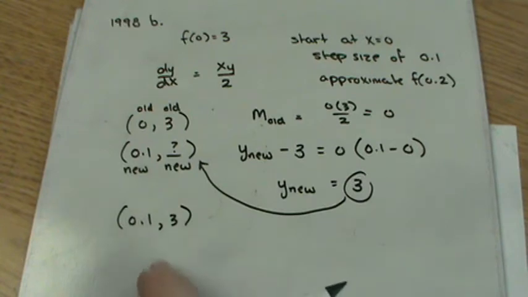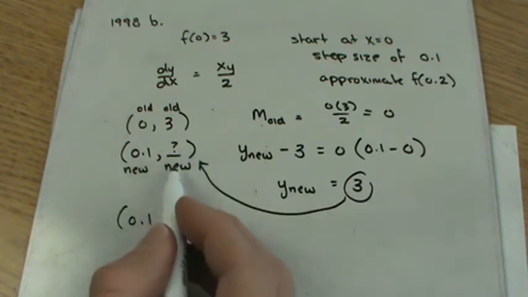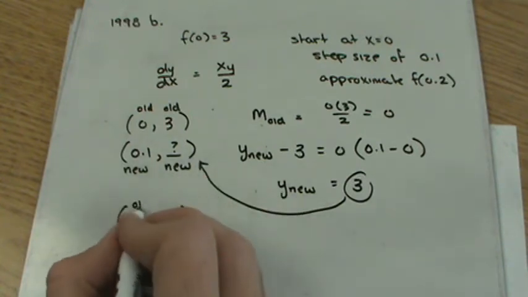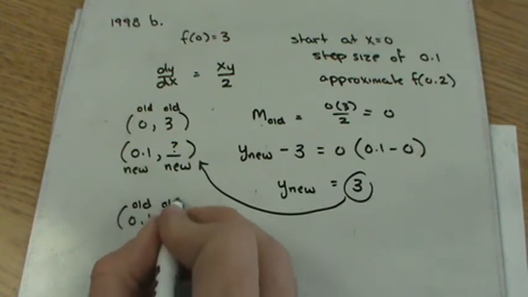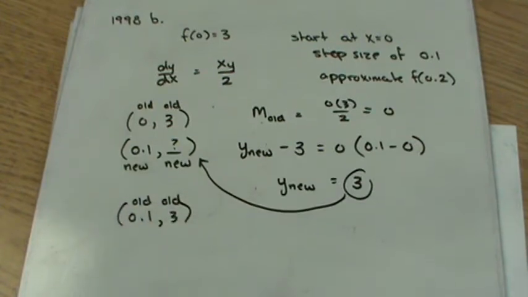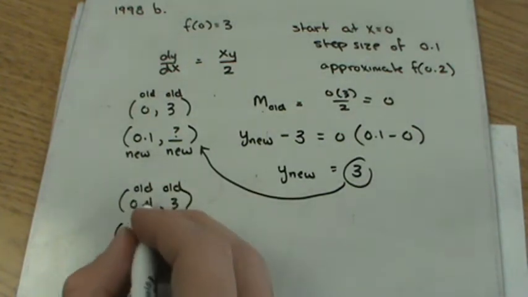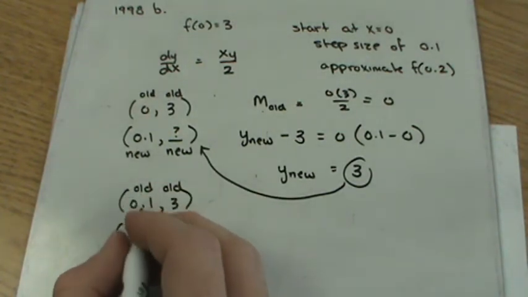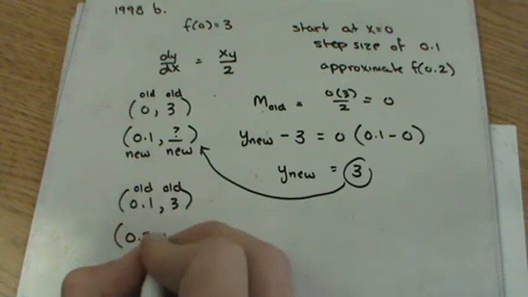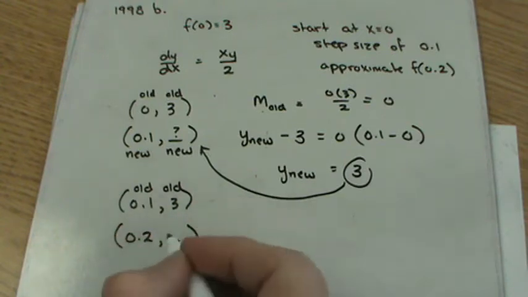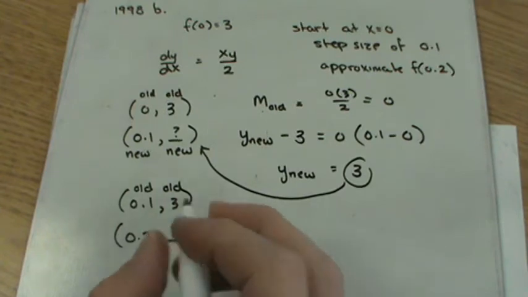Well, this new point now is going to become our old point. And we're going to do the same process one more time, but this is our old, and we're going to use another step size. Our next step size, if we add 0.1, gives us 0.2. And notice that's what we're actually trying to approximate.